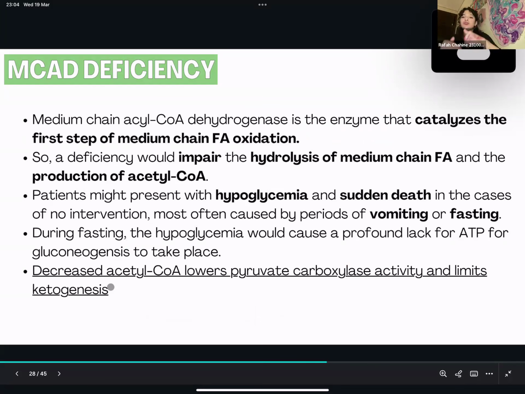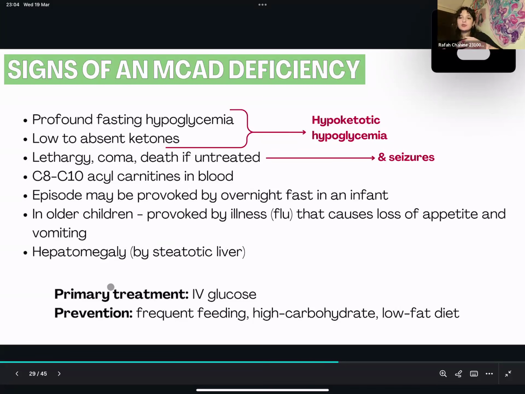So in order for ketogenesis to actually take place, the formation of ketone bodies, we need acetyl-CoA. So in the case where we don't have acetyl-CoA, like an MCAD deficiency, these patients will have very low to absent ketones. So we're going to call this insane symptom combo hypoketotic hypoglycemia, okay?